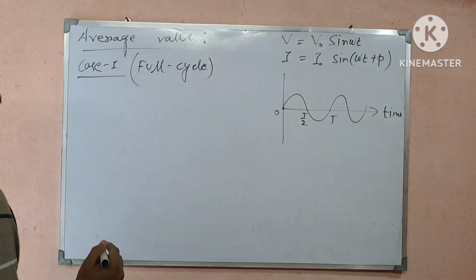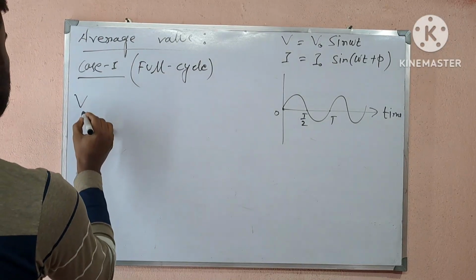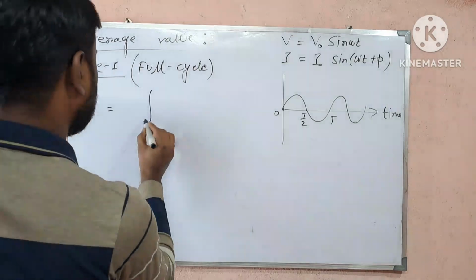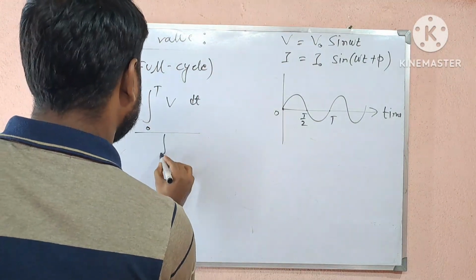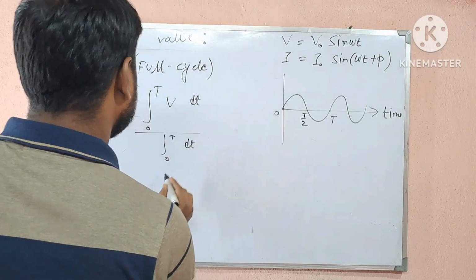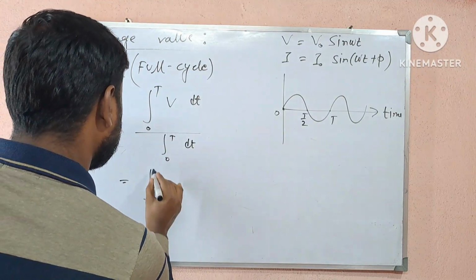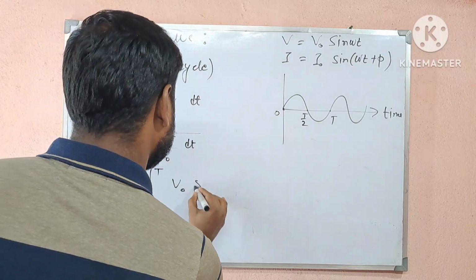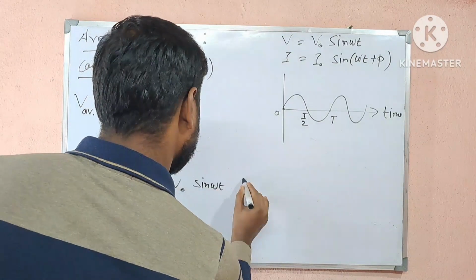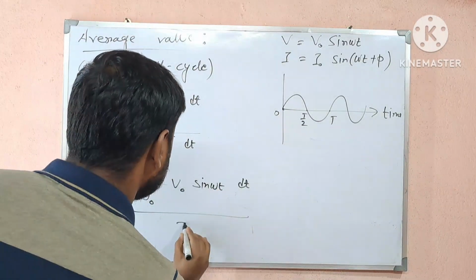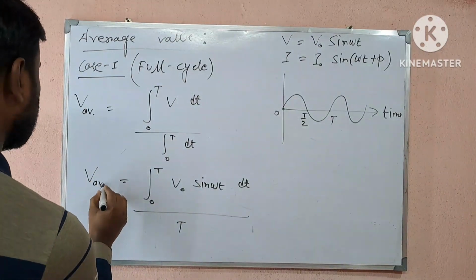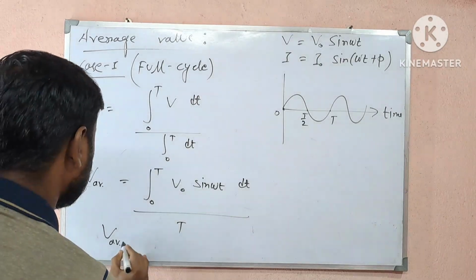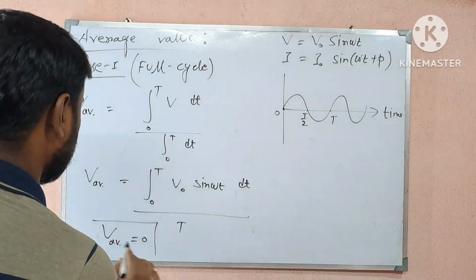So the average value of voltage in a full cycle is V average equal to integral 0 to T of V dt divided by integral 0 to T of dt. So that will be integral 0 to T of V naught sine omega t dt divided by T. If we integrate and put the limits, that value will be 0. So after calculation, V average will be equal to 0.